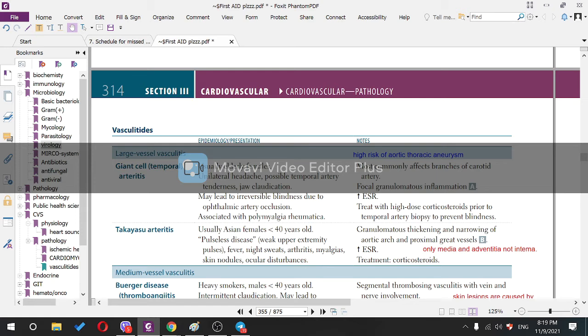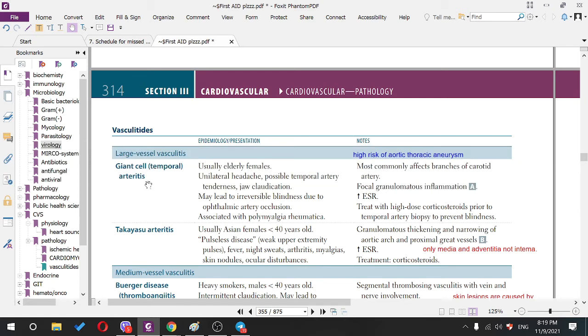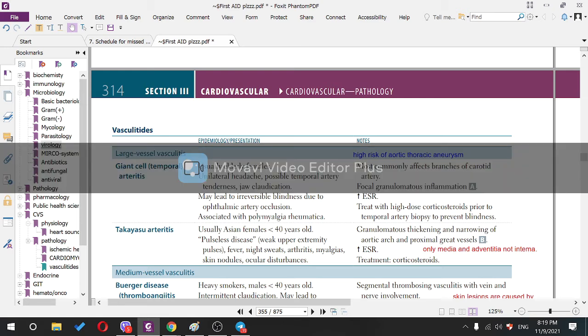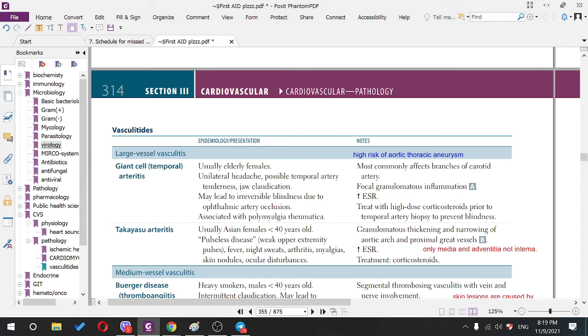Why? Well, it's a temporal arteritis, so the artery that goes there is inflamed. And jaw claudication. We'll speak about jaw claudication. It means that when they eat, their jaw becomes painful. Okay? It may lead to irreversible blindness due to ophthalmic artery occlusion.